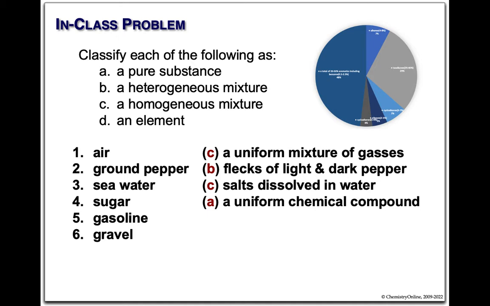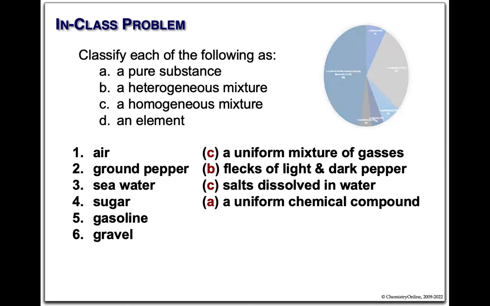Whole bunch of stuff in it. Turns out that aromatics make up most of it. Here are the simple alkanes, the branched alkanes. Octane is somewhere in here. These are other things, but they're all basically hydrocarbons. It is a mixture, and yet if you take a sample from the first and the last drop out of the pump, they're the same. Therefore, it's homogeneous.